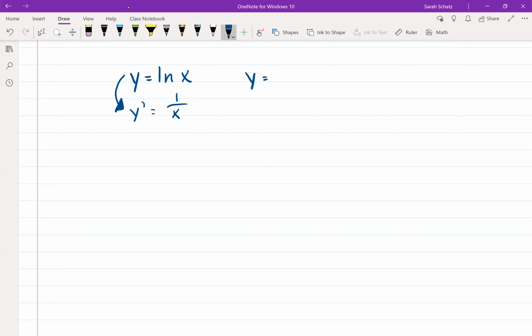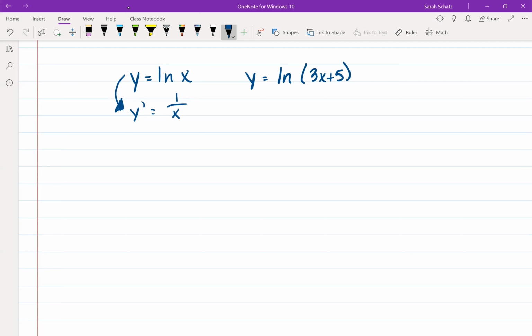So let's put some chain rule in there. If I have the natural log of 3x plus 5, well, it's not just an x, but because I have the natural log in there, that's my first rule to use.